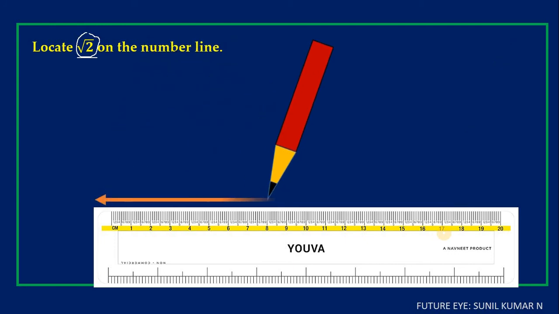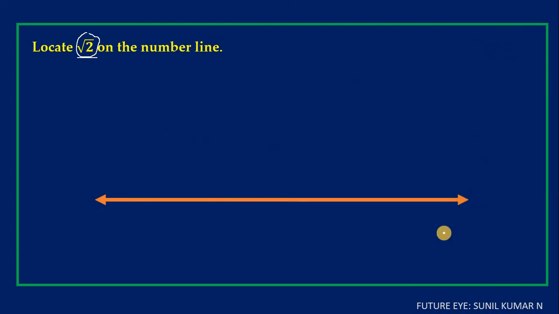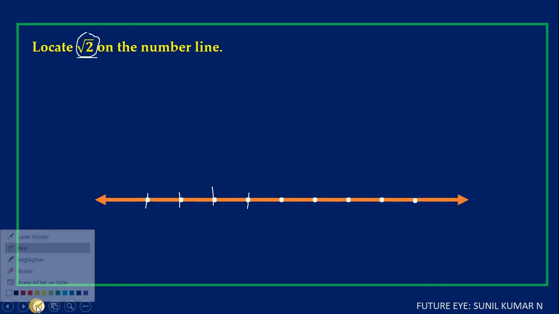So just like this. And next, locate points on the number line with equal distance. It means from this point to this point, how much distance will be there. For the remaining points also, they should be the same distance.